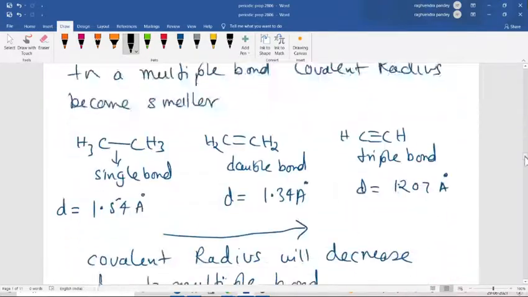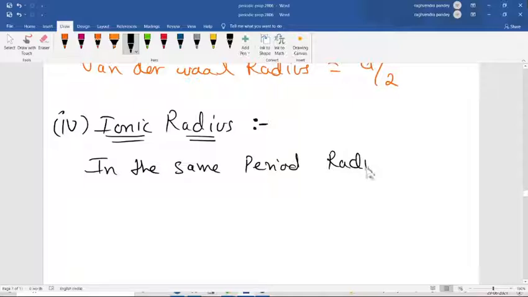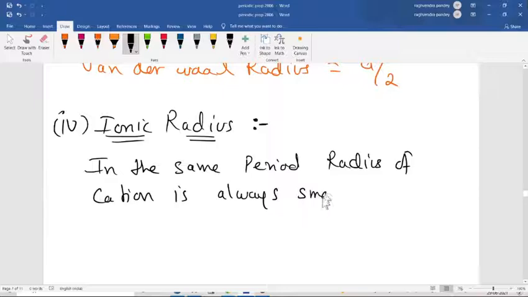So the cation radius: the radius of a cation in the same period is always smaller than that of an anion.